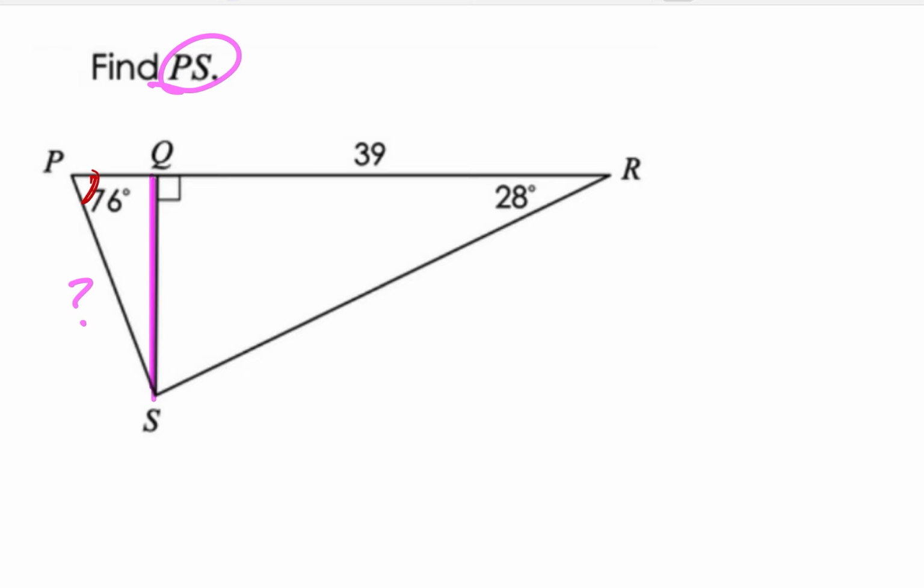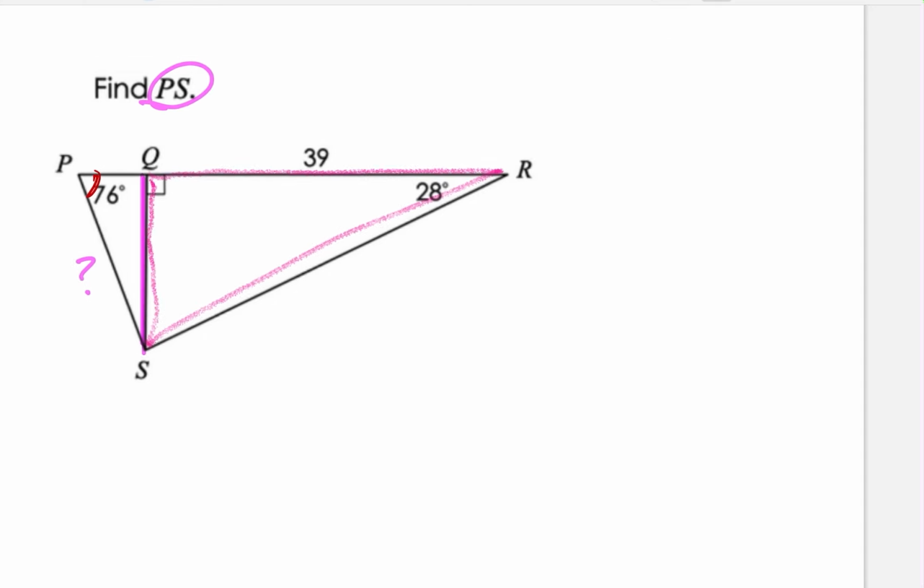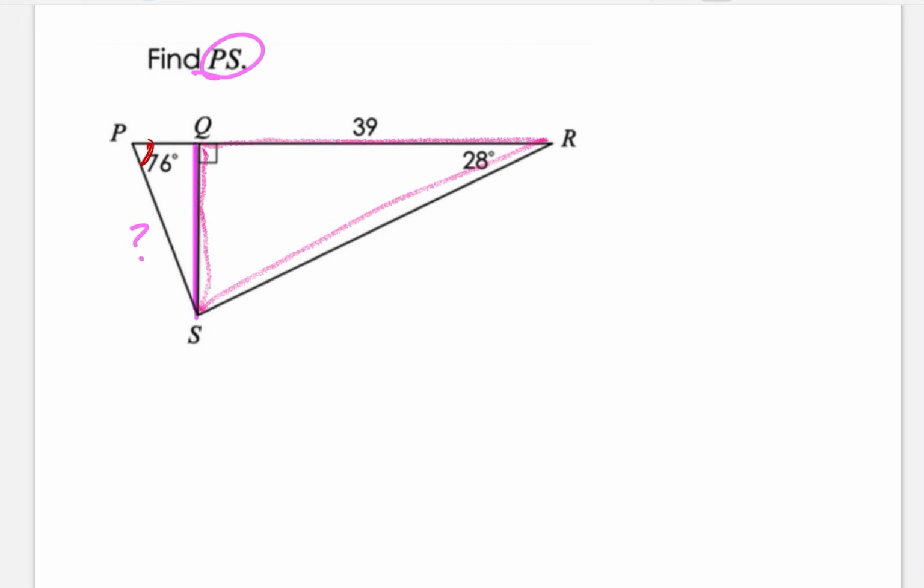So we are going to focus our attention first on this section of the figure, this triangle. I'm going to split the two triangles and draw a smaller triangle. If it helps you by splitting the two triangles so you can focus on one problem at a time, you can.